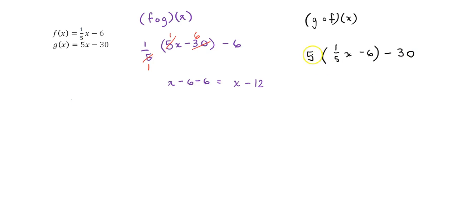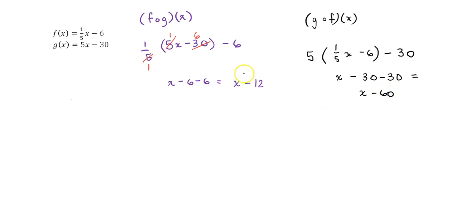So here I'm going to have my 5 and my 5. That's going to cancel to a 1x, so that's going to give me an x. And then 5 times negative 6 is going to give me negative 30 minus 30. So this is going to give me an x minus 60.